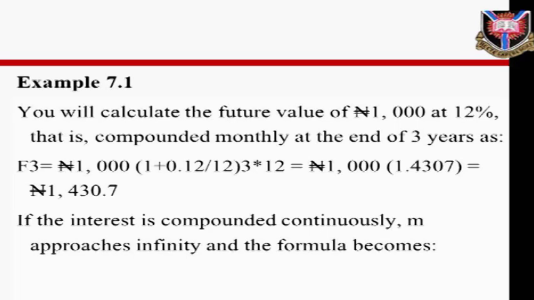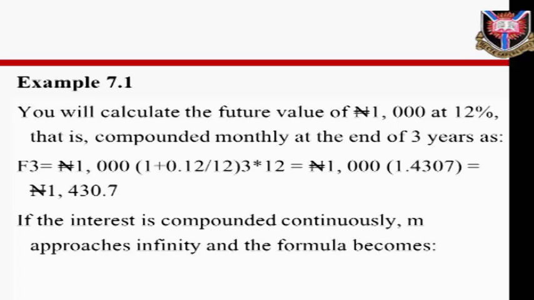Example 1. You will calculate the future value of 1,000 at 12%, compounded monthly at the end of 3 years as F3 equals 1,000 times (1 plus 0.12 over 12) to the power 3 times 12, which equals 1,000 times 1.4307, which gives us 1,430 naira 0.7.